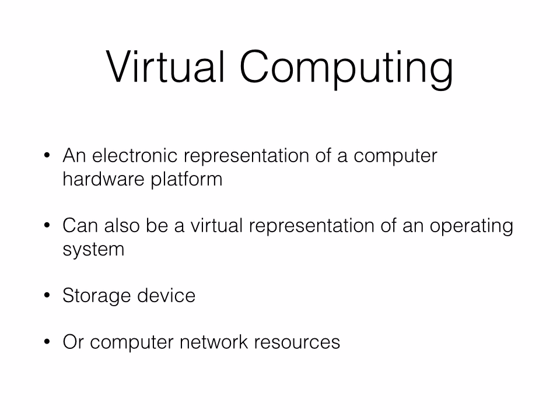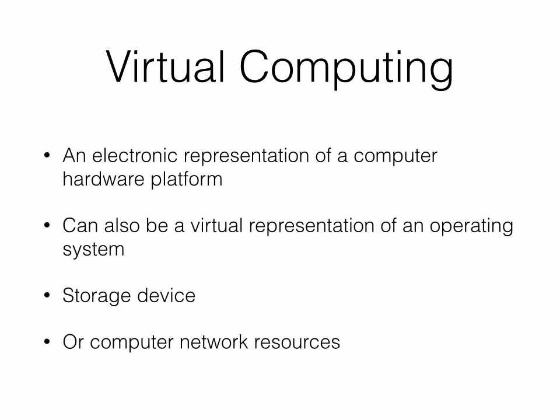So this is the notion of virtual computing in a very broad sense. You can have virtual storage devices, virtual communications devices, computer network resources, and then virtual representations of an operating system. And so I give that first bullet point as a very general definition of what virtual computing is, and those next 3 bullet points give some examples of the different types.